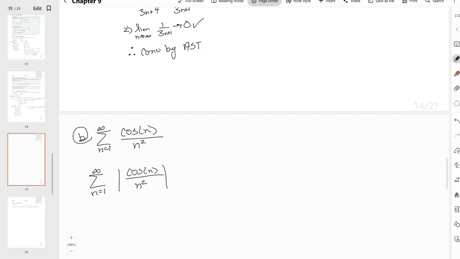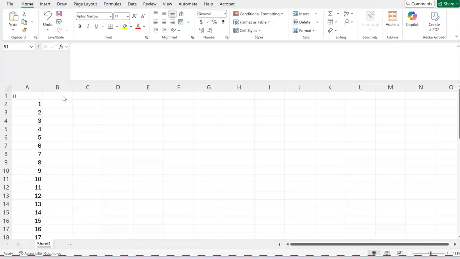Let me pull up Excel again. So we're looking at cosine of n divided by n squared. It's not really alternating, because it's not positive, negative, positive, negative. But we are going to have positive terms and negative terms. It's just not in that very predictable pattern.